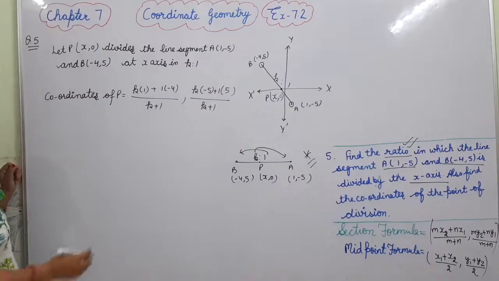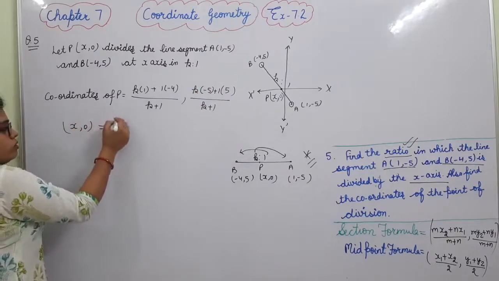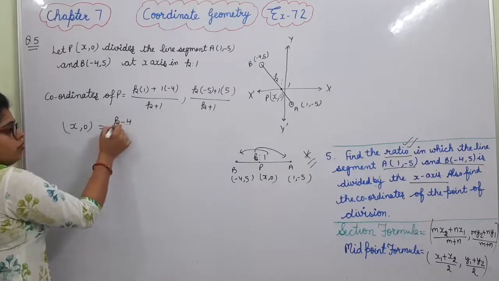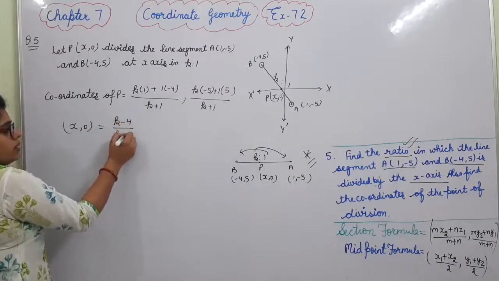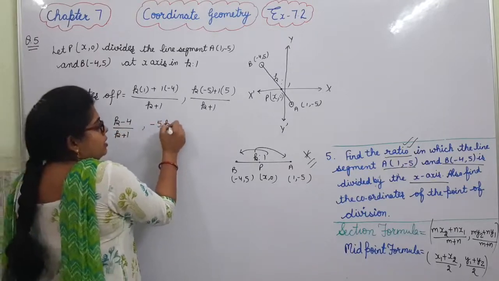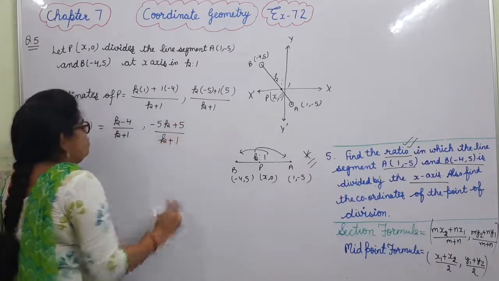Now the coordinates of P are x and 0. From here when we solve it, we will get (k minus 4) divided by (k plus 1), and (minus 5k plus 5) divided by (k plus 1).